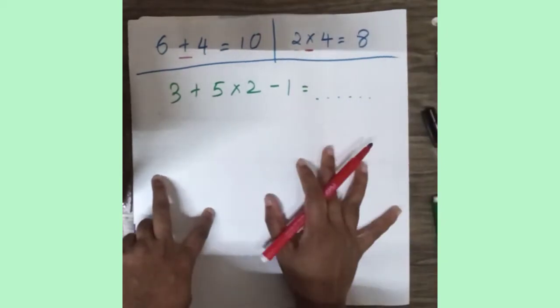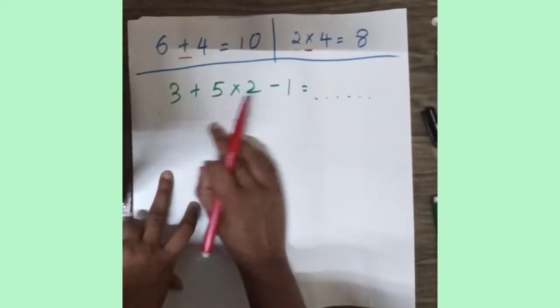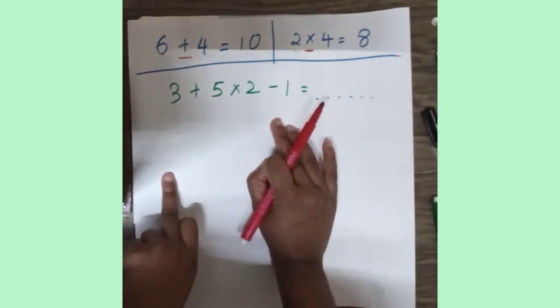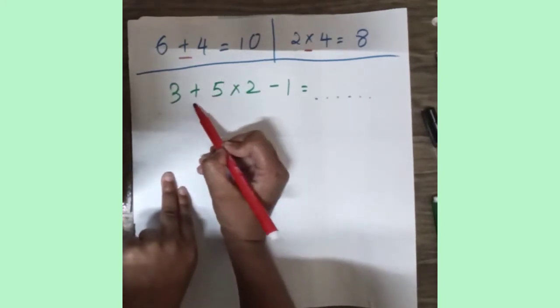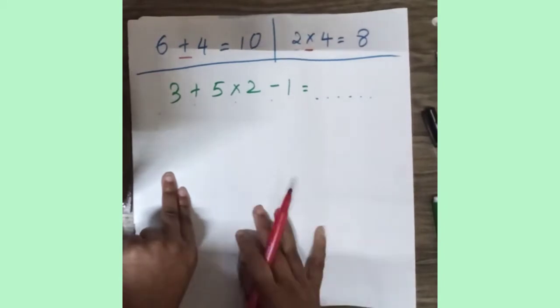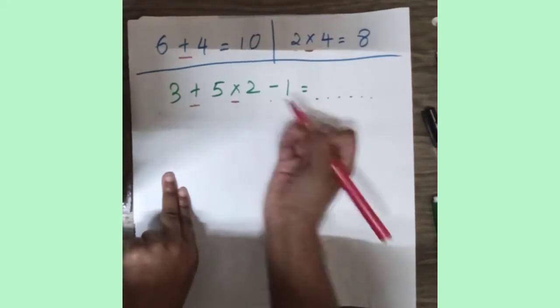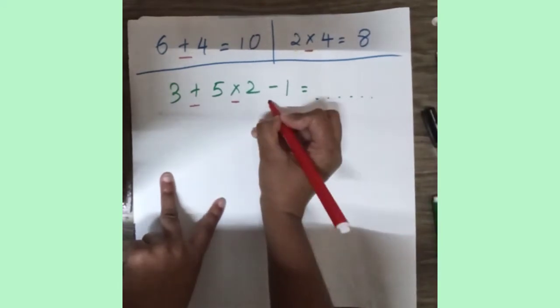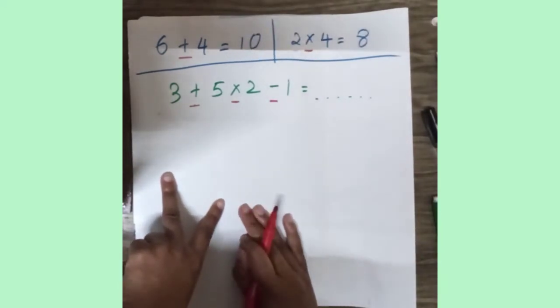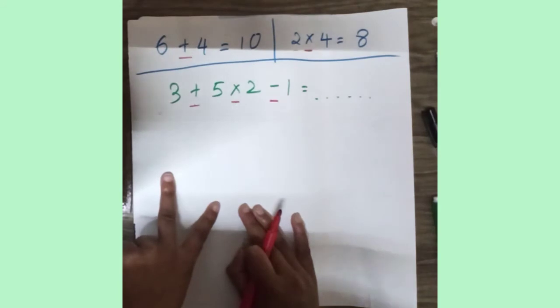You know, that's obvious. Okay. Now, when we look at this expression, you can notice there are 3 operations to be done. Addition is there, multiplication is there, as well as subtraction is there. So, how are we going to do that?